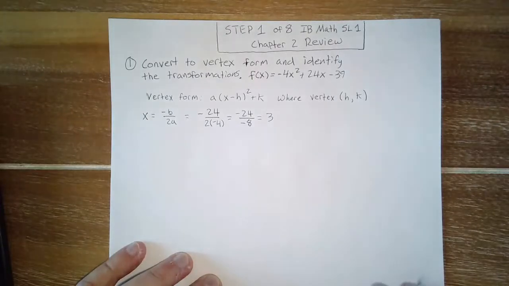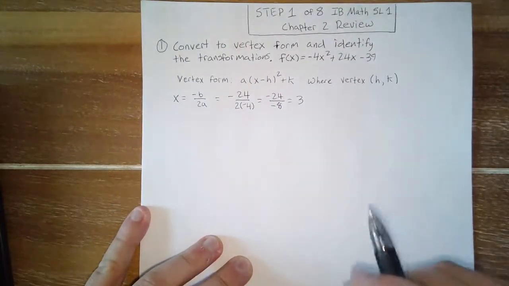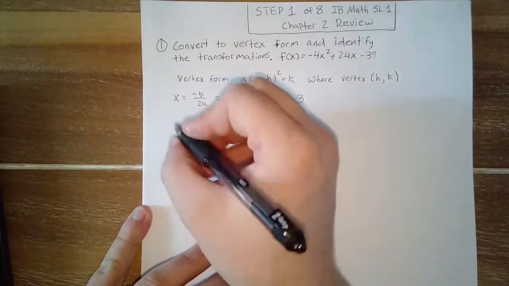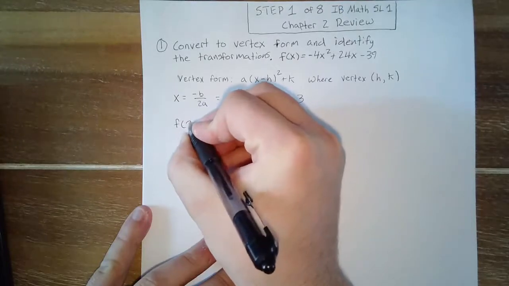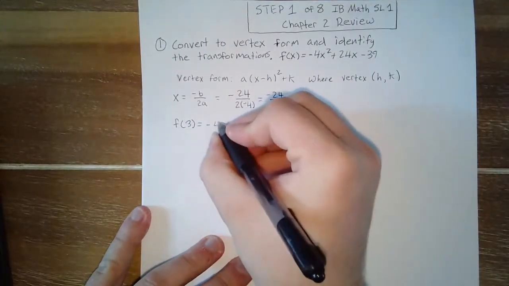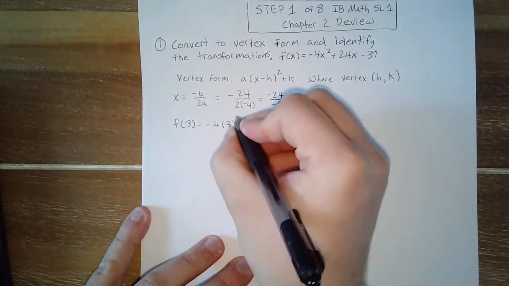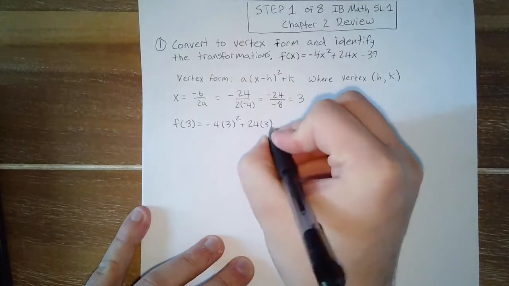Then if I want to find the k value, or what we might consider the y value of our vertex, I'm going to take this 3 and plug it back into the function. I'm going to say f of 3 equals negative 4 times 3 squared plus 24 times 3 minus 39.